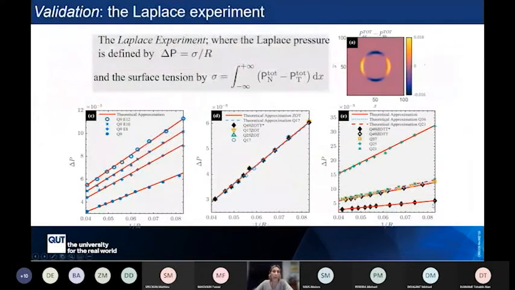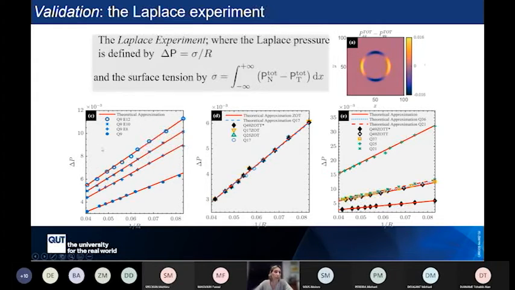From there, now that we have the pressure tensor, we can calculate the surface tension, and that's an example of validating the solution for the surface tension using the Laplace experiment. Now that we can calculate the surface tension with our pressure tensor, we can retrieve the Laplace pressure here.